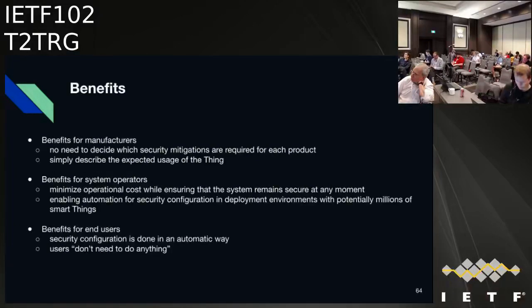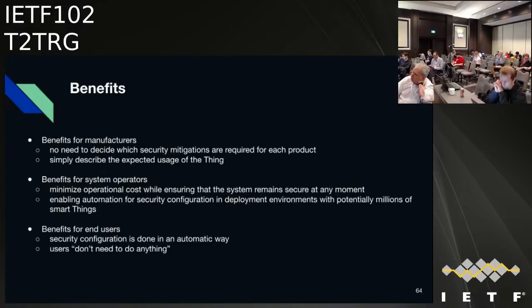So we believe that this makes sense because of three things. The first one is for manufacturers, they don't need to decide which security mitigation are required at design point. Obviously, it has also other constraints, right? Limitations. And you have to describe the usage, how the things will be used.